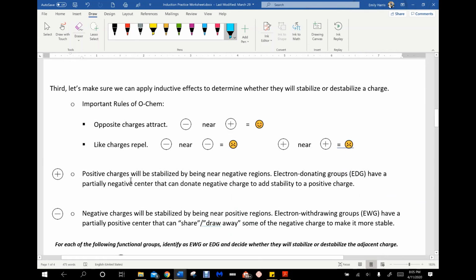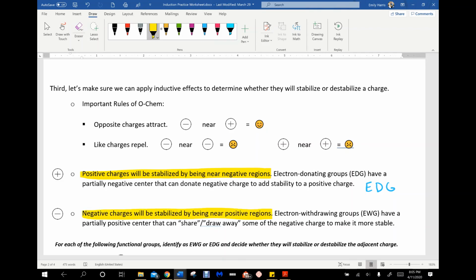And so positive charges will be stabilized by being close to negative regions. Since electron donating groups have a partially negative center, they will be able to donate that negative charge to make the positive charge more stable. On the flip side, negative charges are better stabilized by being near positive regions.